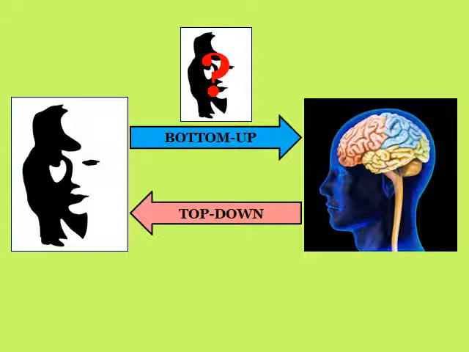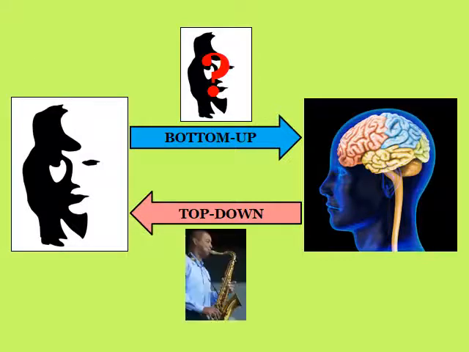So when I first put that image on the screen, some of you probably immediately saw a woman's face. Others probably immediately saw a man playing the saxophone. Even though you were seeing the exact same image, the same information, your interpretation of it could have been in either of those ways, right? And maybe your interpretation was shaped by your own personal experience.